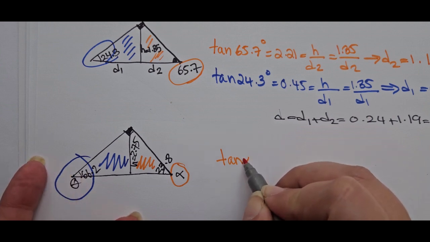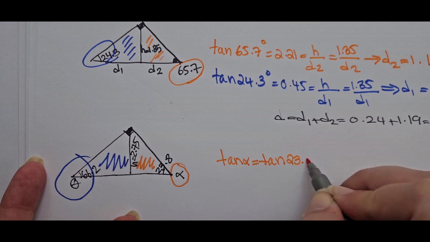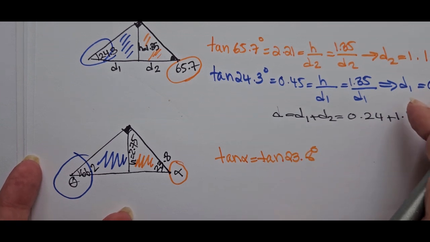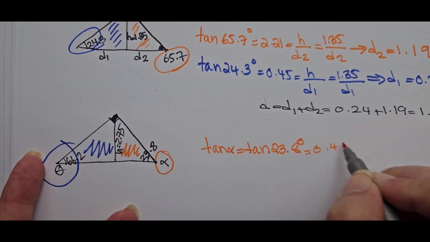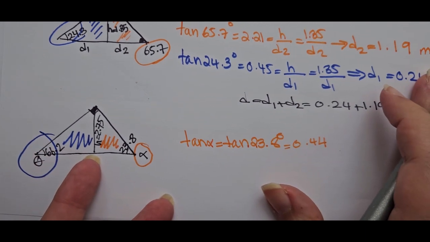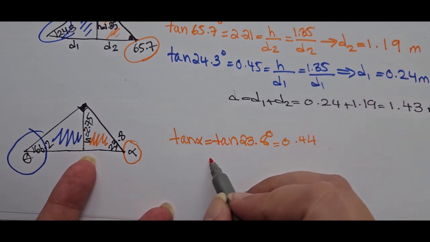So tangent of alpha, which would be tangent of 23.8 degree, would be how much? Put it in your calculator, 0.44. And from here, I'm going to skip some of the steps because we already did a few.